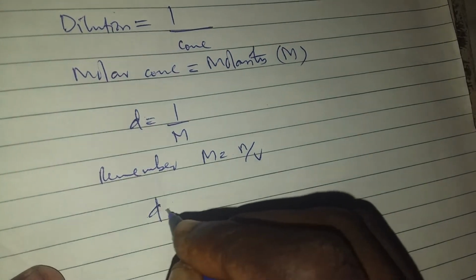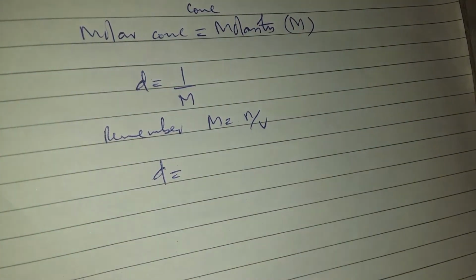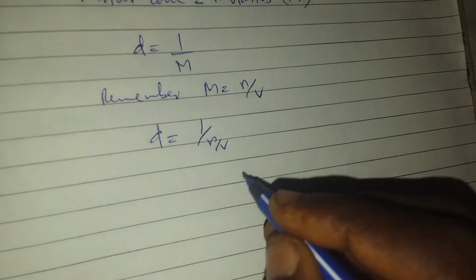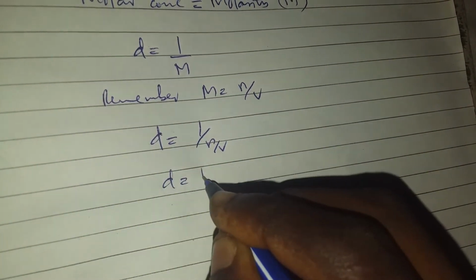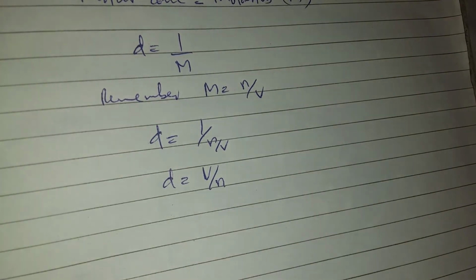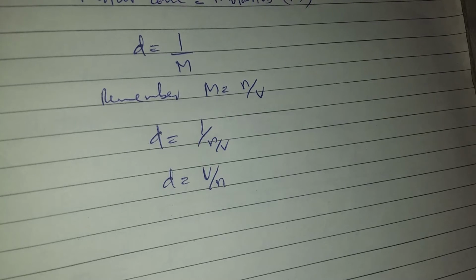Now dilution D will be equal to 1 divided by number of moles divided by volume. Now volume itapanda juu, itakuwa dilution D is equal to V divided by number of moles. So hivyo ndivyo ambavyo itakuwa formula ya dilution jinsi ambavyo ipo.